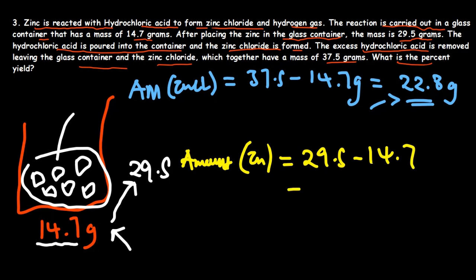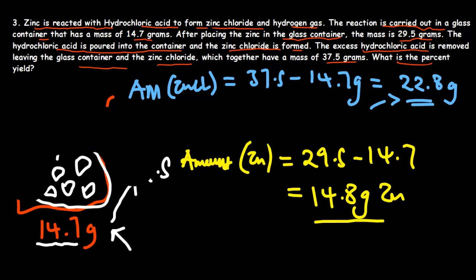So when we subtract this, we get 14.8 grams of zinc. So this here is the initial amount of zinc that was in the reaction. So we are going to use this amount of zinc to find the theoretical yield, I mean. Okay, so how do we find the theoretical yield?